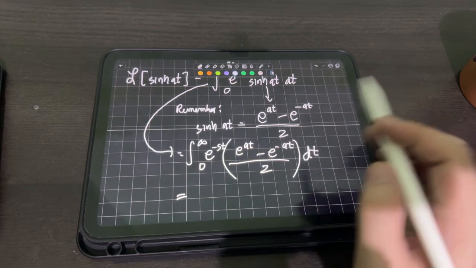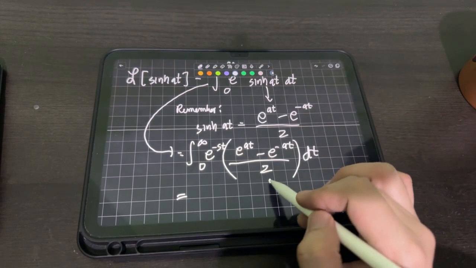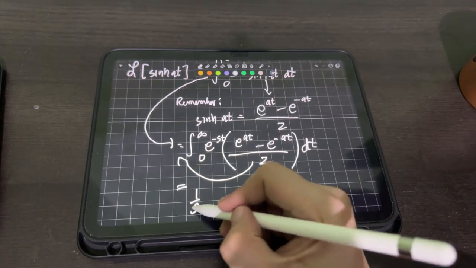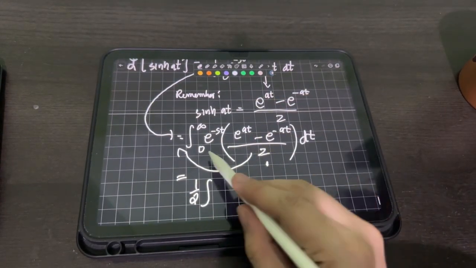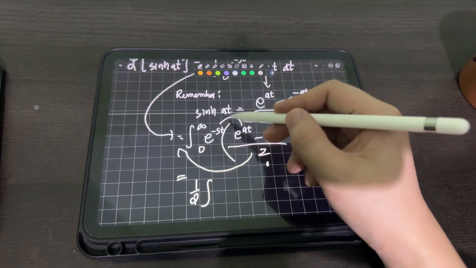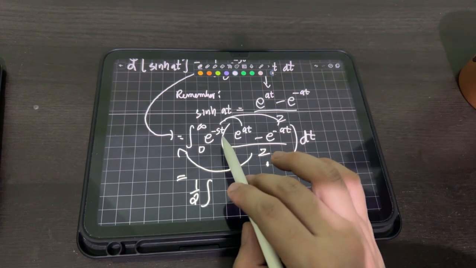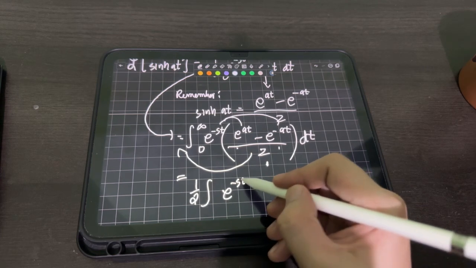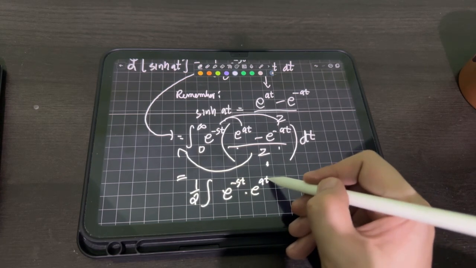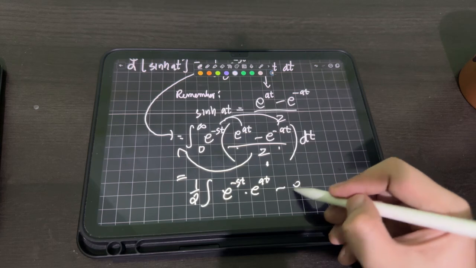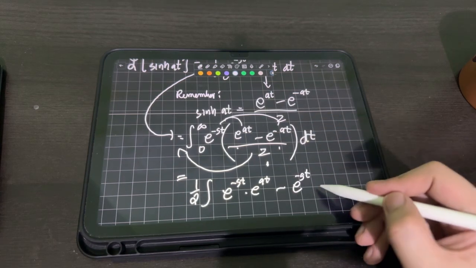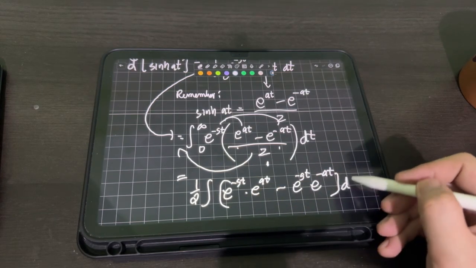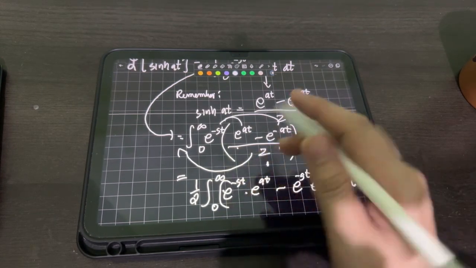Okay. So we can just put this 1/2 constant in front of the integral. We will have 1/2 integral of, so you can distribute this e to the negative st multiplied to each term here. E to the negative st times e to the at minus e to the negative st times e to the negative at dt from 0 to infinity.